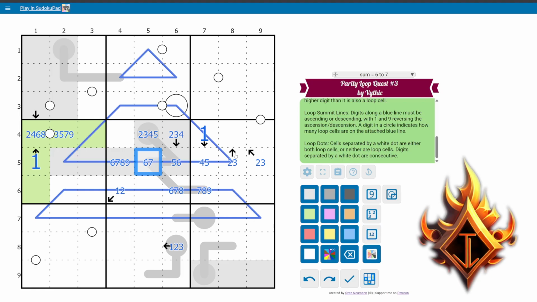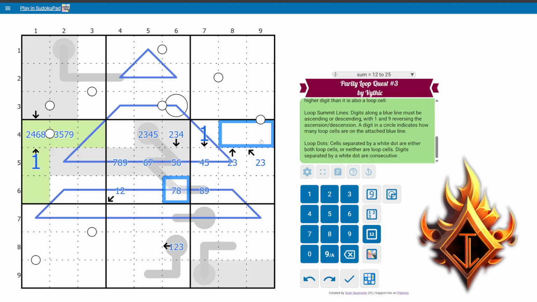This would not be 5. This would not be 6. That would not be 6 either. That would not be 7. This 7, 8 is going to be up there somewhere. And over here, one of these will be 7, 8.